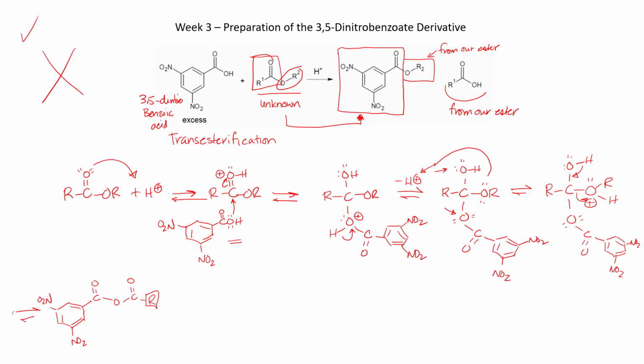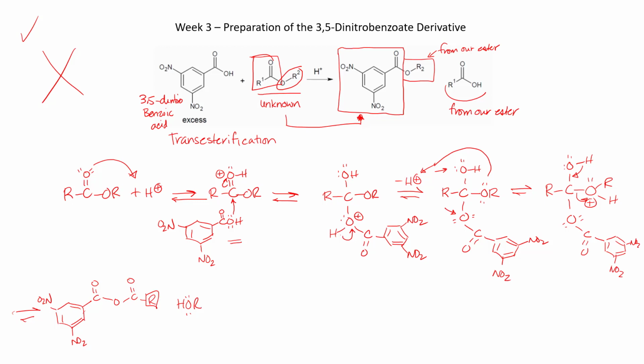Now you may say, wait, you're not making what you should make. True. This is a carboxylic acid anhydride. So what would happen then is that the alcohol that I just freed up, which is the alcohol that came from our product, is now going to react with this anhydride, only it's going to react with the 3,5-dinitrobenzoate portion of this molecule.